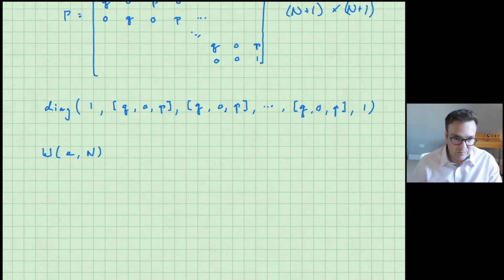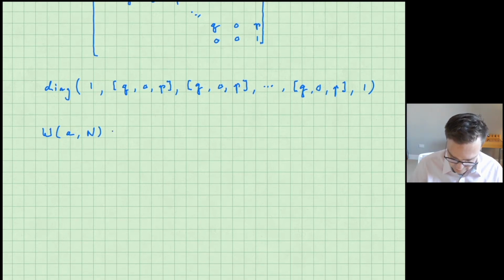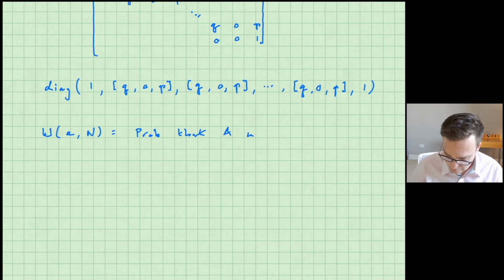And given the boundary conditions that player A started with lowercase a, and that the total number of tokens was capital N. Right, so let's write that out in words. So this is the probability that player A wins, I don't know what you want to call this, tournament or match.